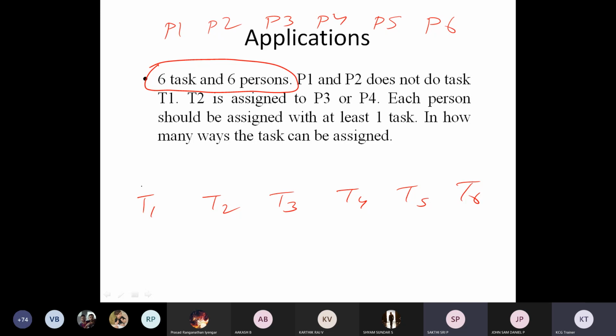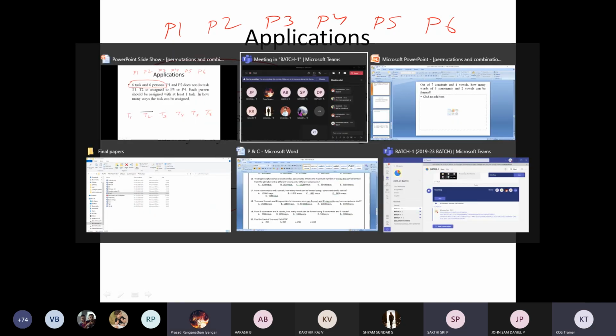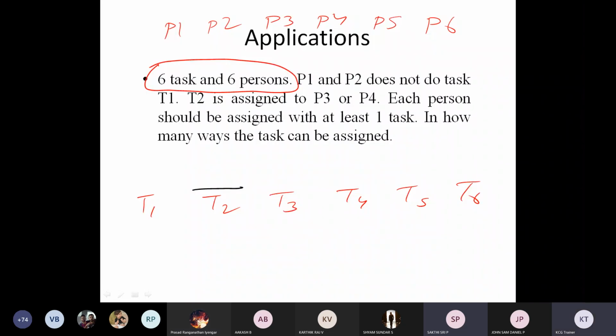First tell me, task 2 can be assigned to how many people? See the condition and tell me. T2 is assigned to how many people?